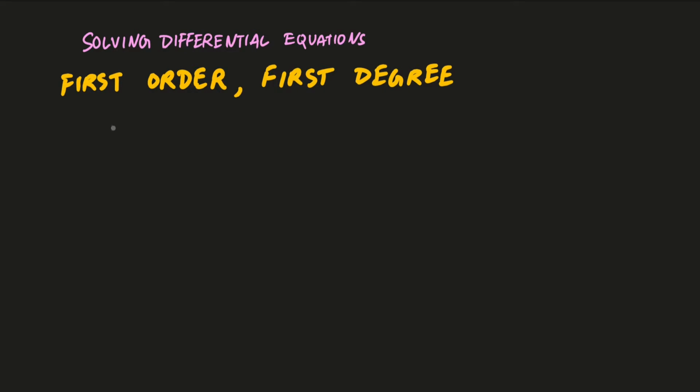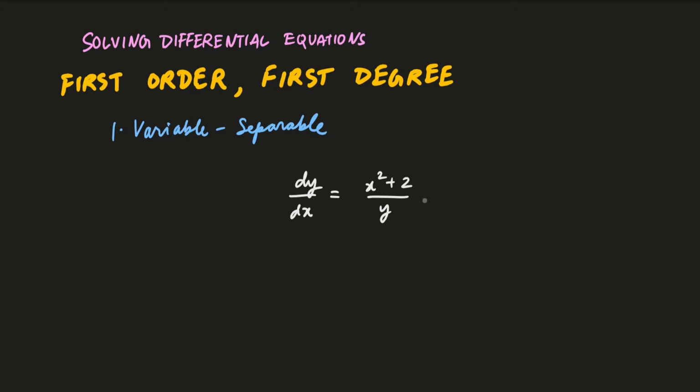For the first type of equations, we have variable separable equations. In these, as the name suggests, you can separate the variables out and integrate to simply get your answer. For example, let us say we have the differential equation dy over dx is equal to (x squared plus 2) divided by y.